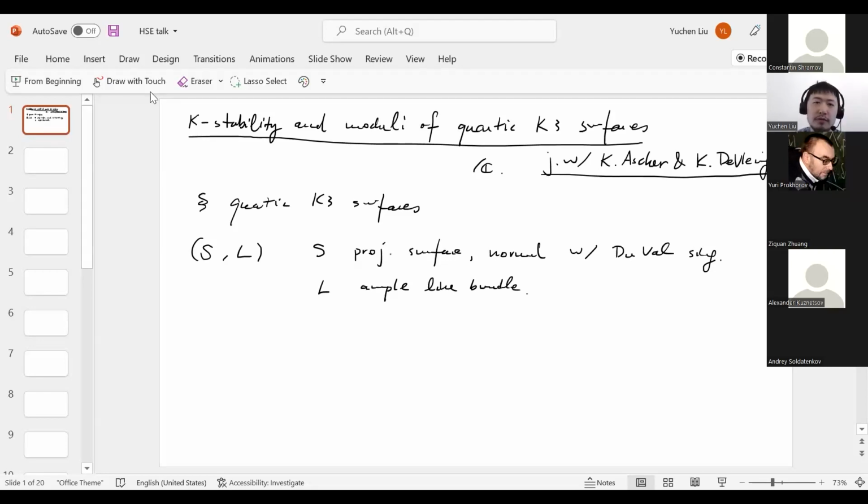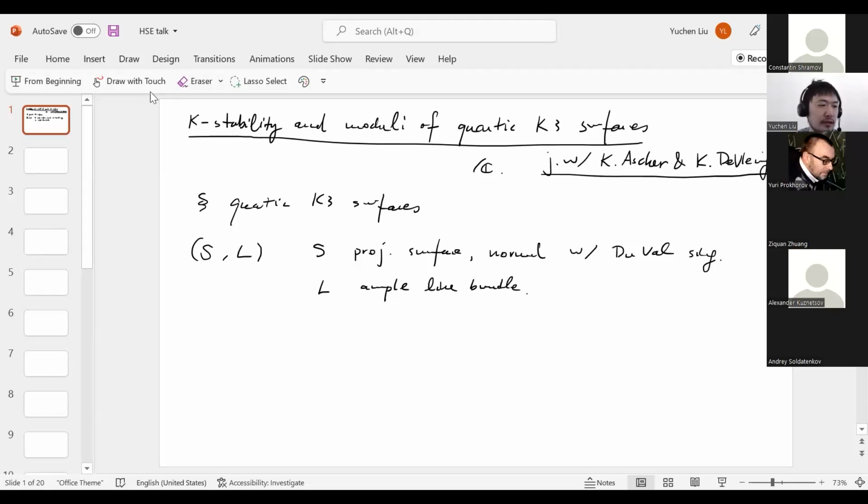But because I want to study a moduli of K3, sometimes people study nef and big line bundles on K3 surface, which is perhaps okay if you want to look at just isomorphism classes. But then the moduli functor will not be separated. So that's why I want L to be ample. And then S has Duval singularity.